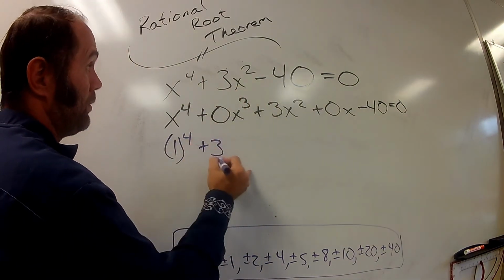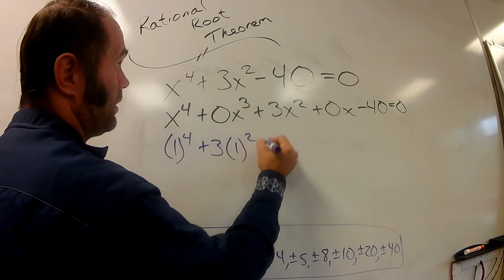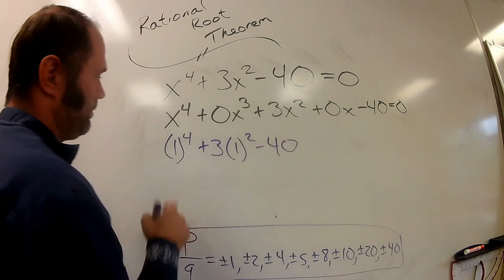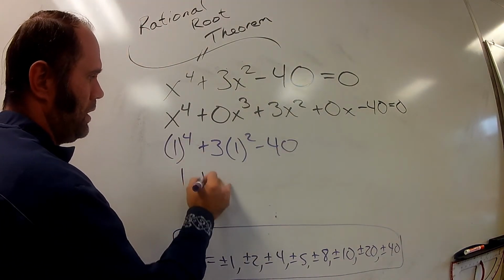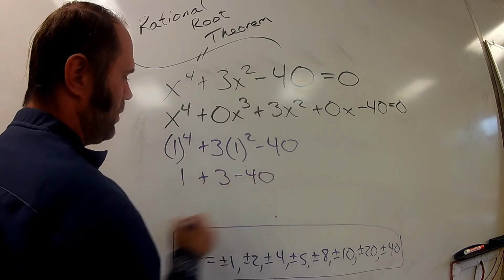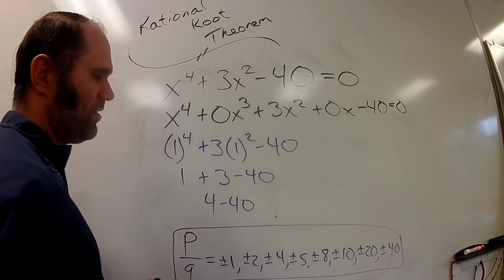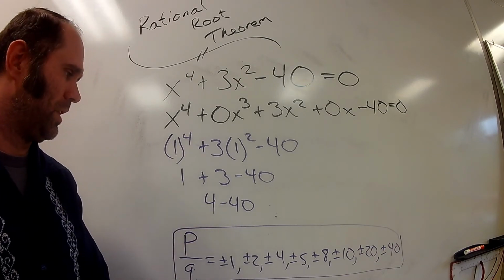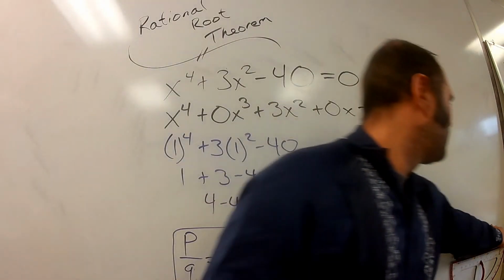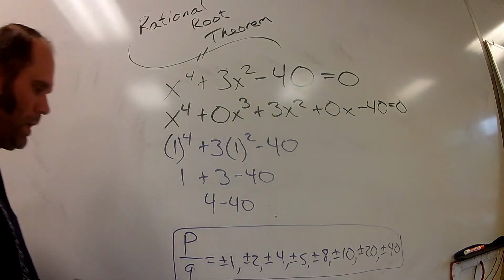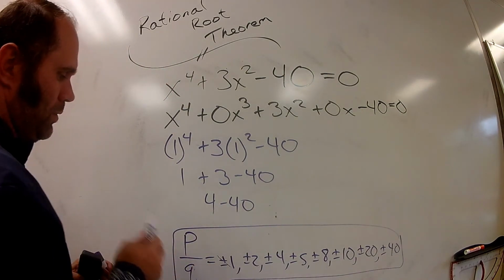So plus 3 times 1 squared minus 40. Save us a little bit of time here. 1 plus 3 minus 40. So 1 plus 3 is 4, minus 40 is not 0. That is negative 36. So we know that the positive value doesn't work.